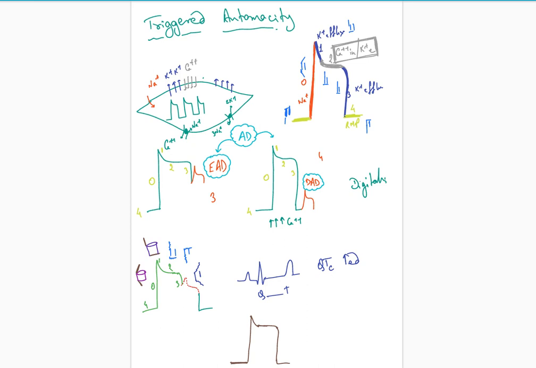Because in an abnormal situation, what is happening? This has got prolonged, and this prolongation is because of calcium and potassium. Sodium has got nothing to do with it. So sodium will come back to rest, right?